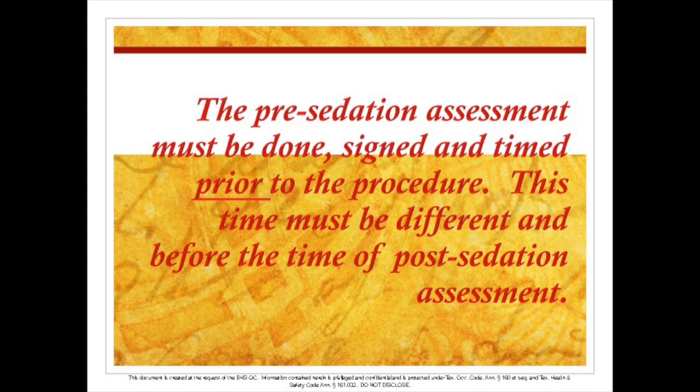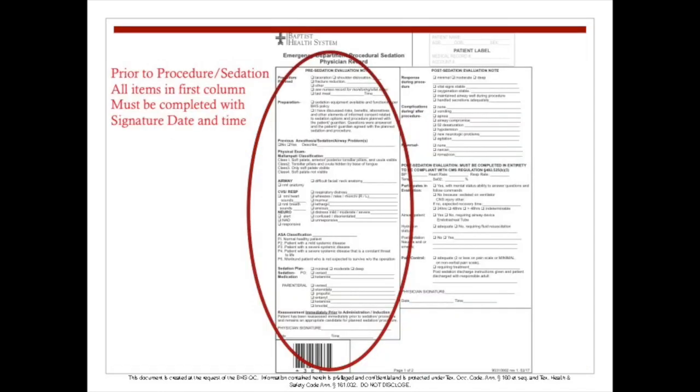The key thing about this is that all the blanks have to be filled out, and the pre-sedation assessment must be done, signed, timed, and done before the procedure and sedation itself. So here's the form we've created to document the pre and post sedation assessment.